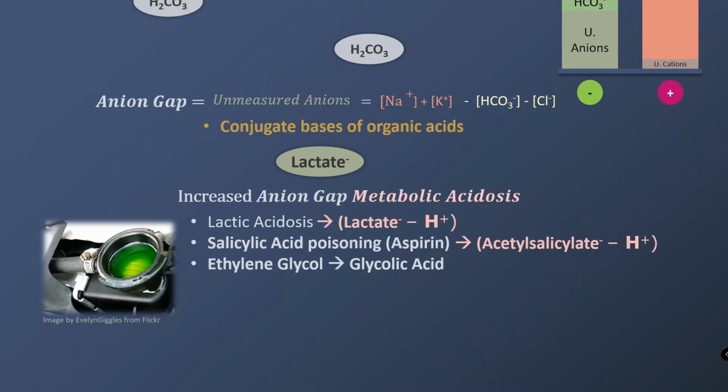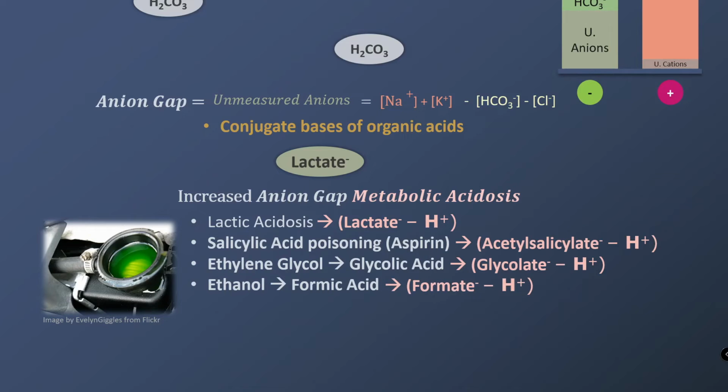It can lead to ethylene glycol intoxication, which will lead to many problems, and one of the problems is that glycolic acid will form glycolate, that is an unmeasured anion, and proton will cause metabolic acidosis. So ethylene glycol intoxication can lead to increased anion gap metabolic acidosis, right? Ethanol, ethyl alcohol, can lead to synthesis of formic acid through metabolism in our body, and again it will generate formate ion and proton. You know the whole story up till now.